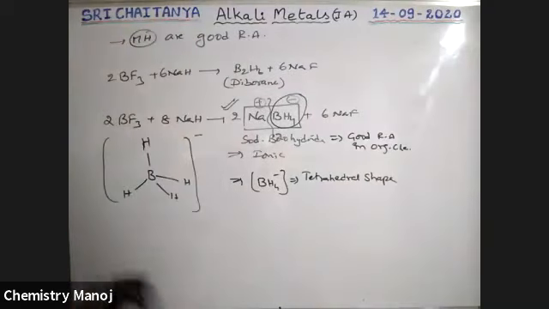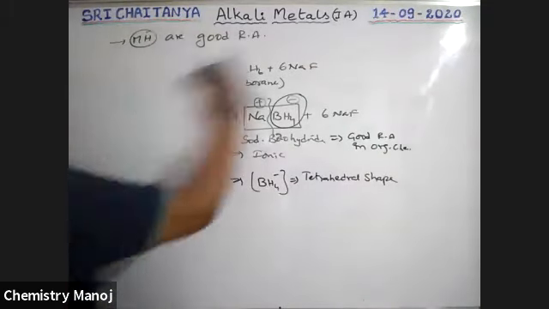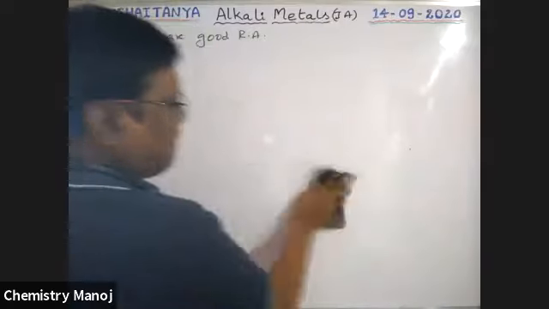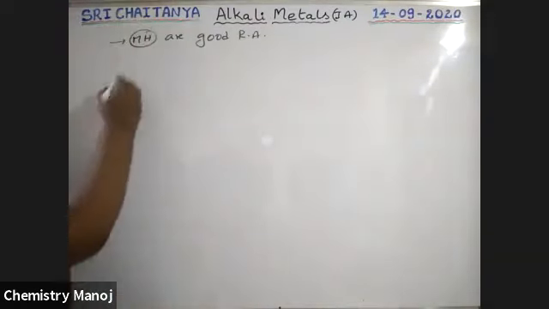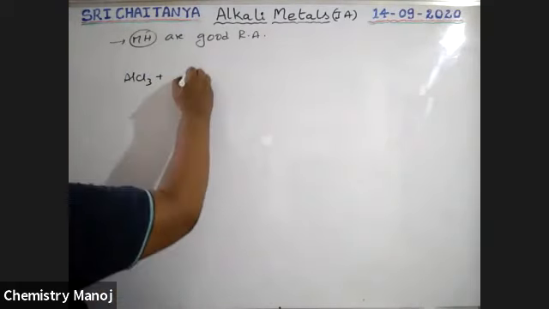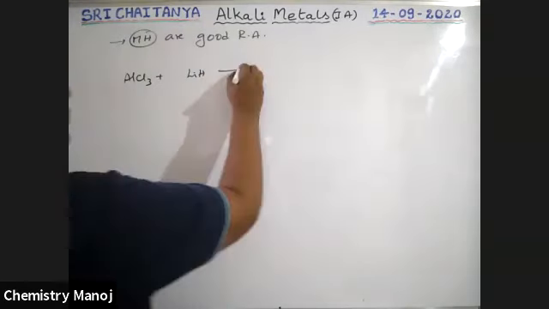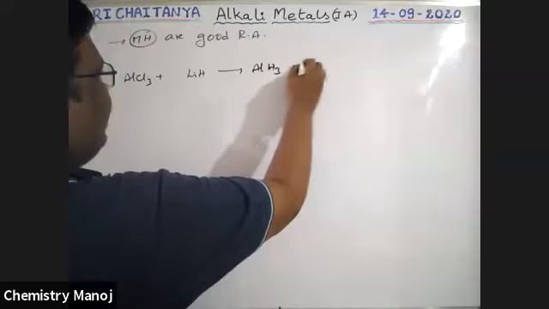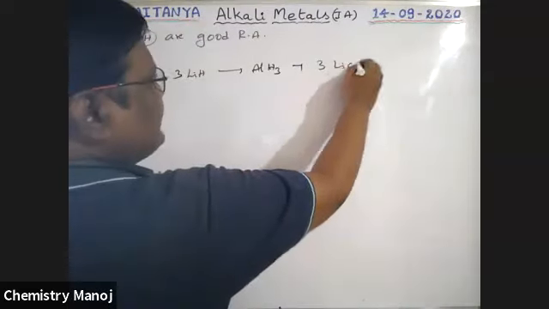Next, similarly, some other reactions. When AlCl3, aluminum chloride, reacts with LiH, lithium hydride, that gives AlH3 plus 3LiCl.